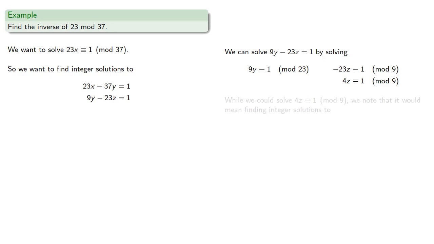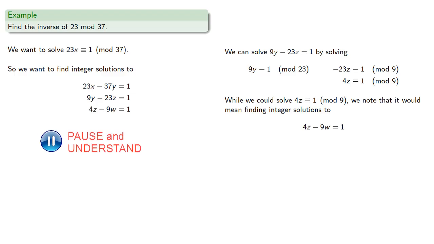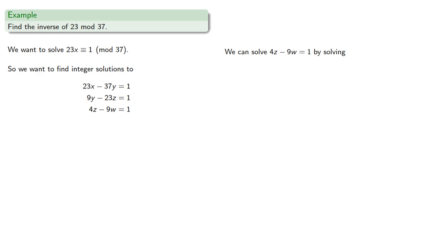While we could solve this second congruence mod 9, we note that it would mean finding integer solutions to another equation, which we can solve by solving a system of congruences. And again, this second congruence can be reduced.